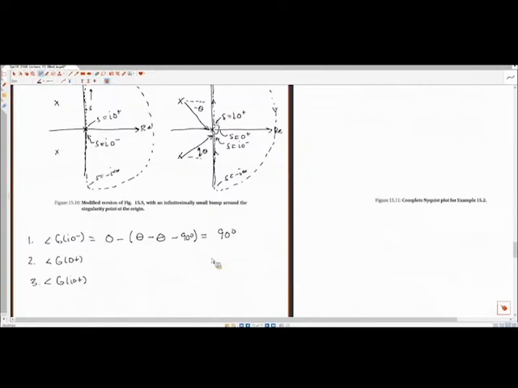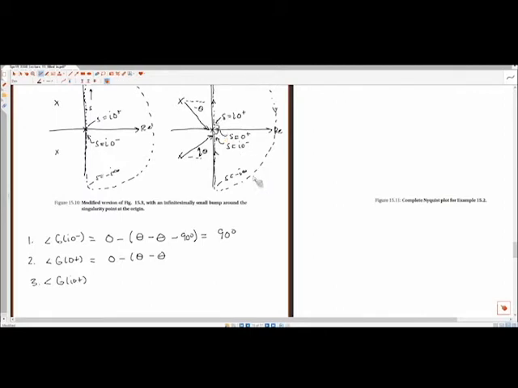All right, and so we can do the same thing for this other case. Let's go in sequence here. If we look at G(0 to the right), there's a phase angle of 0 from the zeros, theta and minus theta from the two complex conjugate poles. And then if we look at the vector going from the origin to this location, this is due east.